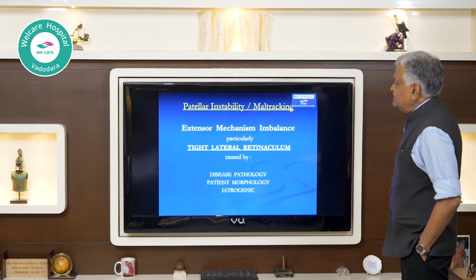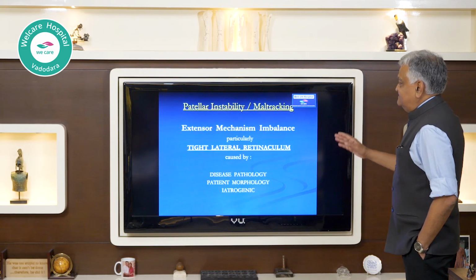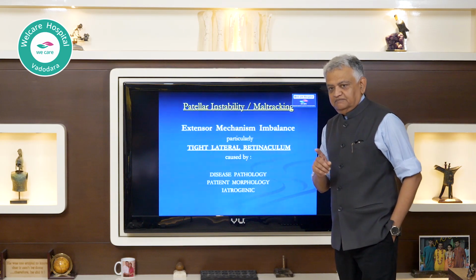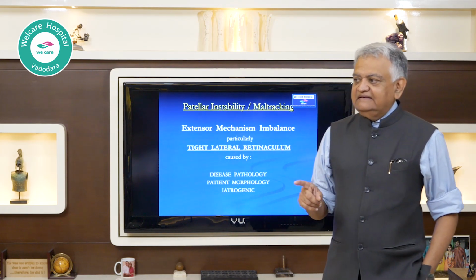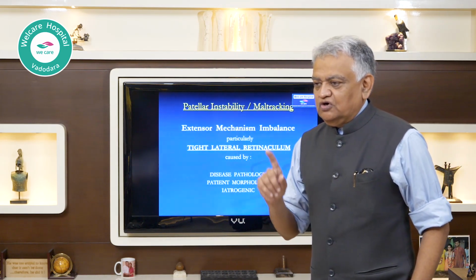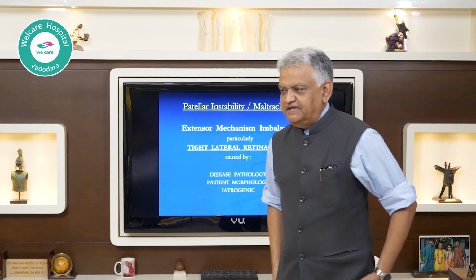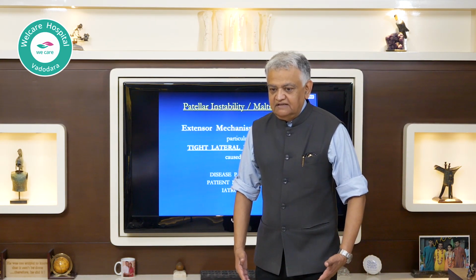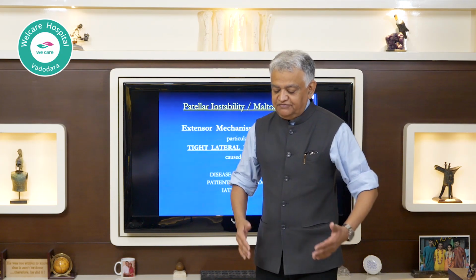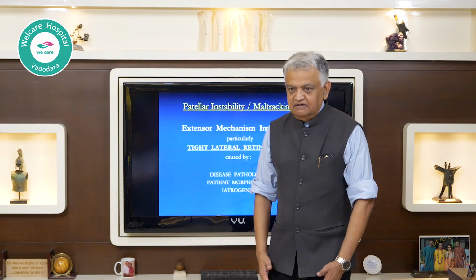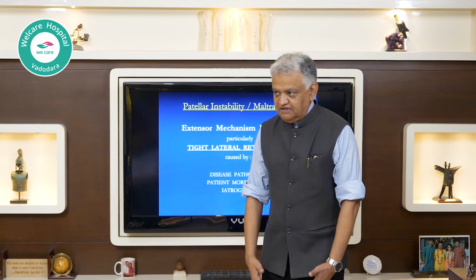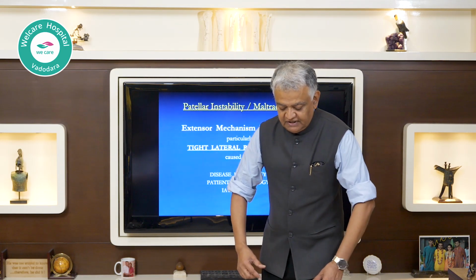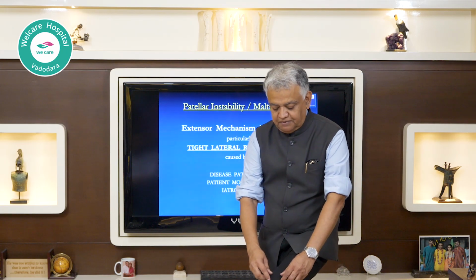Next please. So extensor mechanism imbalance, particularly a tight lateral retinaculum. This is the most common issue. Why? Because it has to do with anatomy. You have your Q angle, and in the native, normal status of the anatomy, everything is more or less aligned. You have your Q angle coming like this, and then the tibia goes straight, and your patella is sitting here.